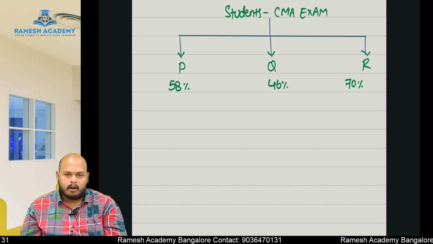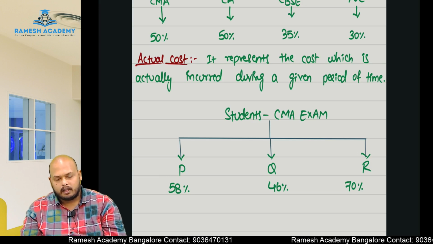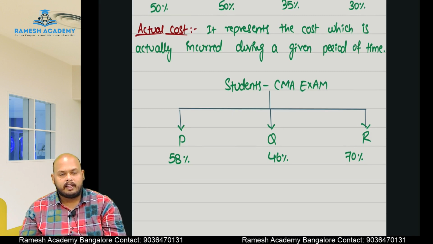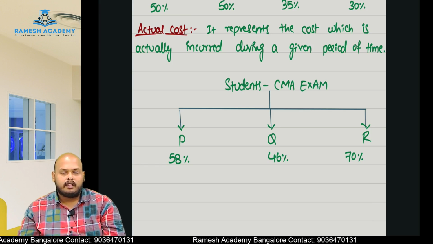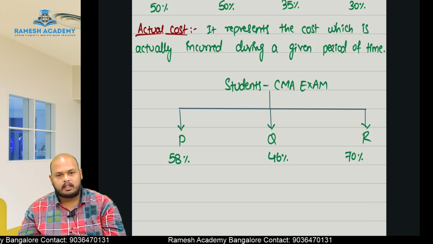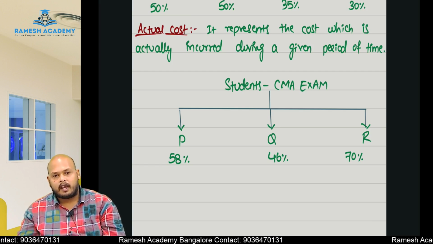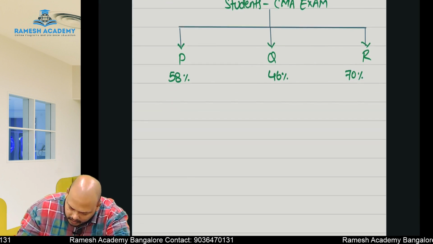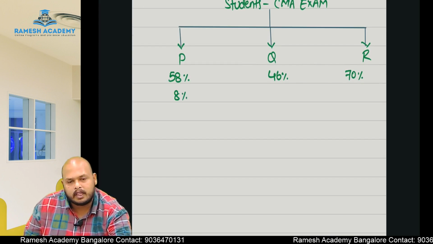Now if you see here, what is the standard expected by CMA? 50. But what is the standard P achieved? 58. So he achieved more than the expectation. That is nothing but a positive result here. How much is the positive? He scored 8% more than the expected.